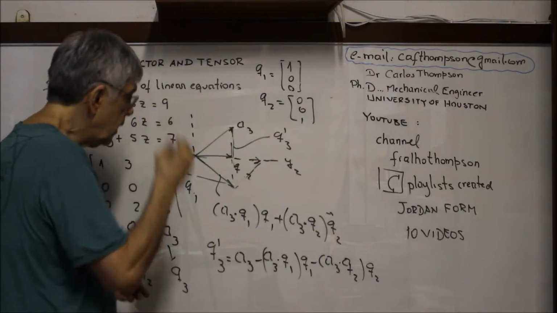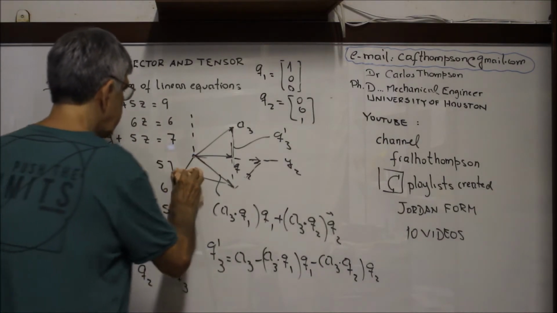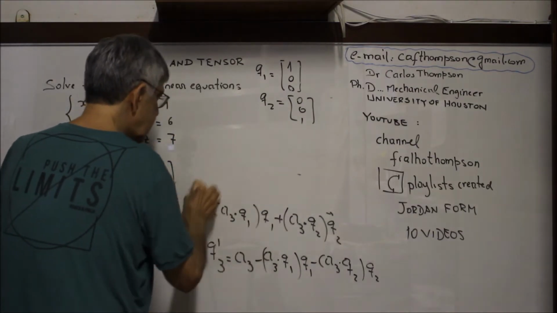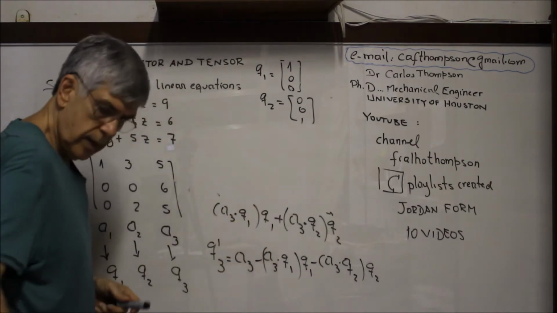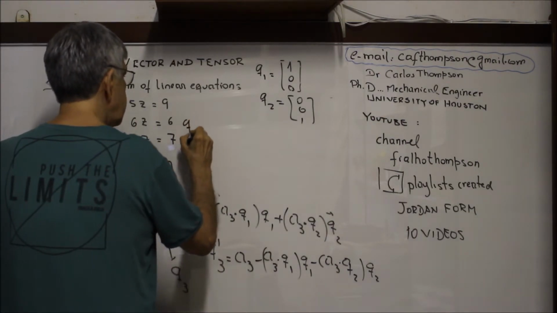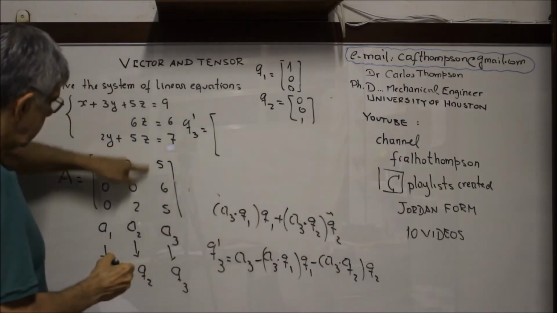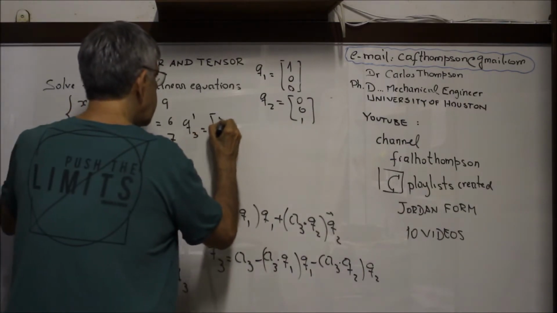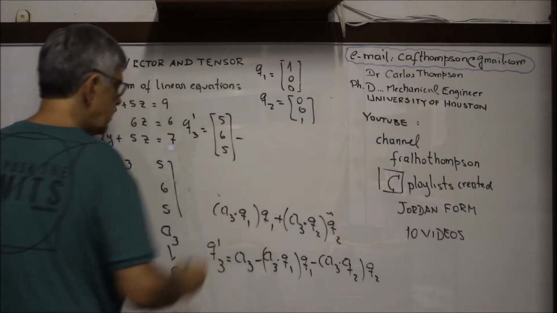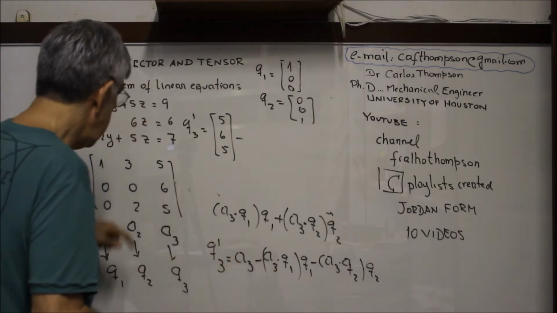I'll calculate. Let's see. I will erase here. And let's calculate this. Okay. A3 we have. So q3 prime is equal. What is A3? A3 is 5, 6, 5. Minus. Now, A3 dot Q1. Okay.